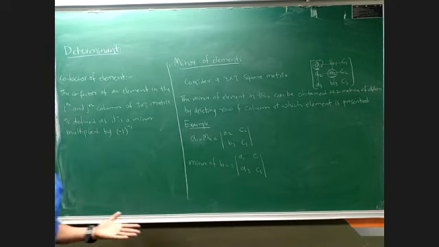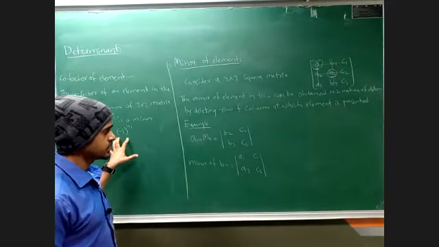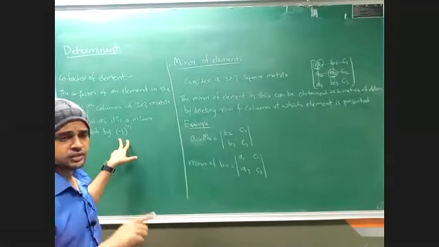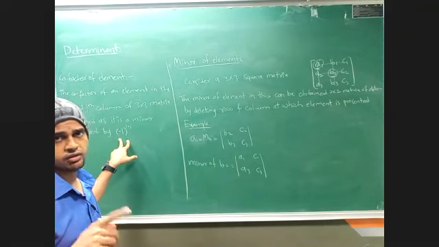Cofactor of an element is nothing but we have to multiply this term with the minor. So if we multiply with the respective minor, then we will get the respective cofactor of the element.